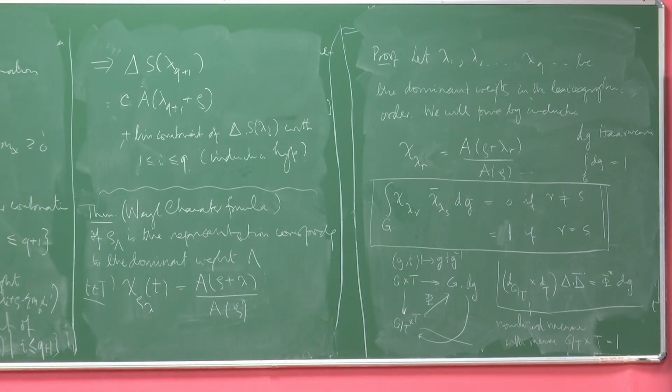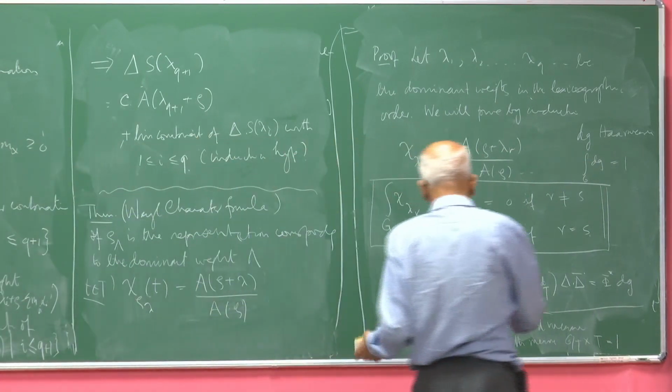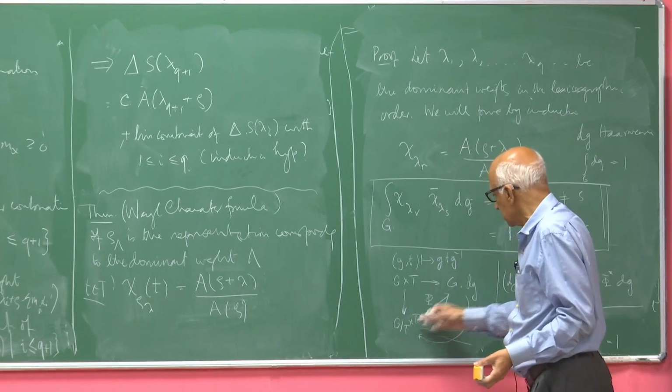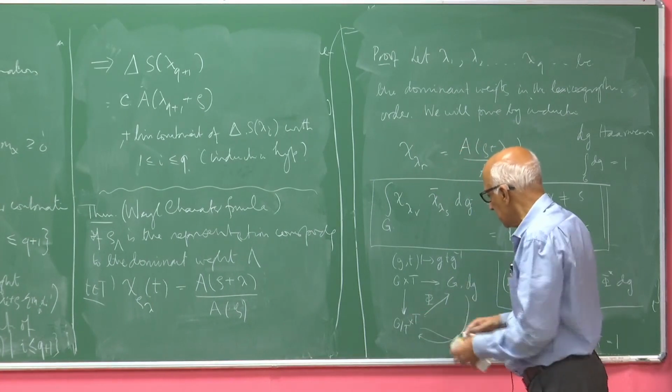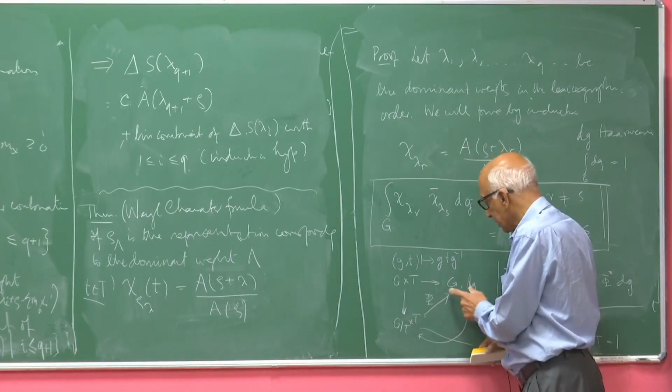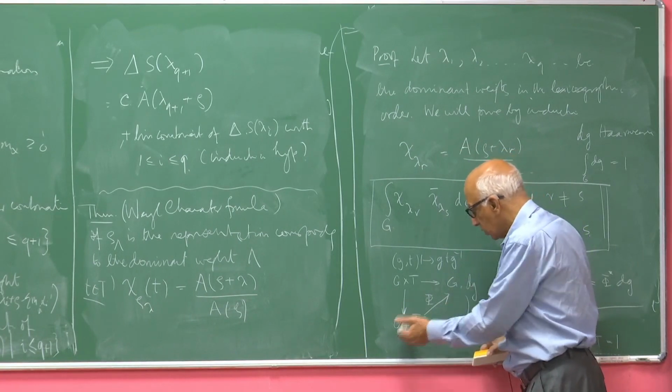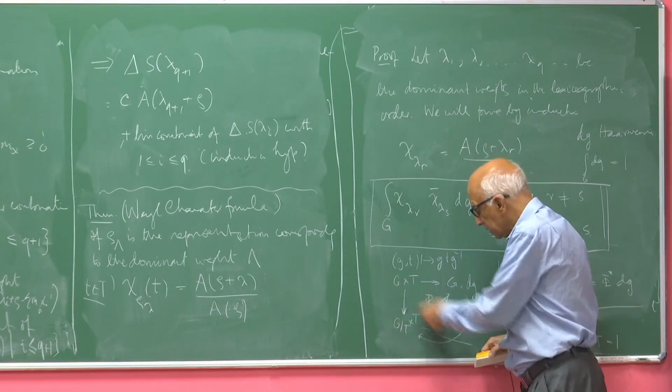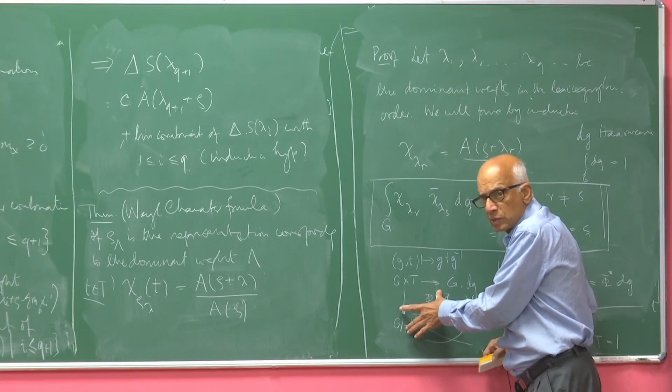The point is that when you pull back, outside a set of measure 0, it turns out to be a covering, a covering by the Weyl group.